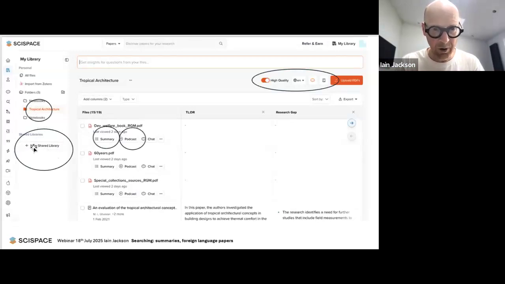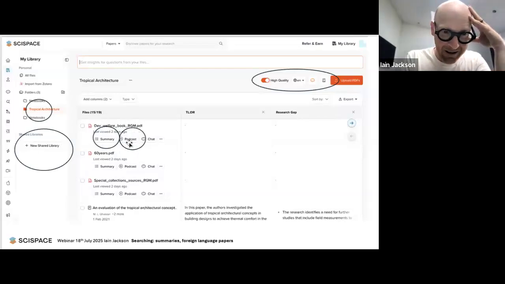So that enables us to work with minimal friction. You can obviously get the summaries, which we've just been talking about. You can listen to papers as a podcast, which I think is delightful. When I'm out walking my dog, sometimes I just listen to a couple of podcasts on a paper, and it gives a different way to think about it.